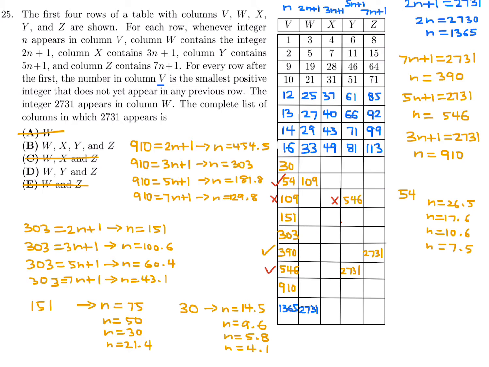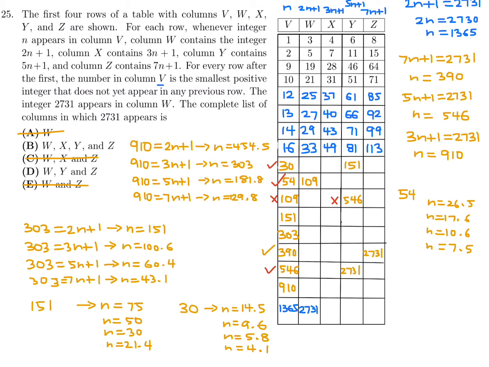So 30 can appear here in column V. If 30 appears in column V, then the 5n plus 1 will be 151. So since 151 appears there, so now let's talk about this carefully. 30 can appear here, as I have shown.